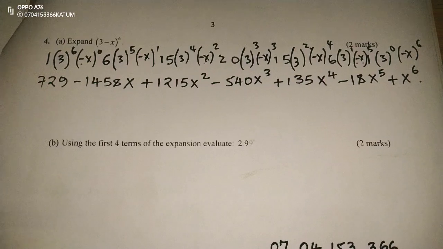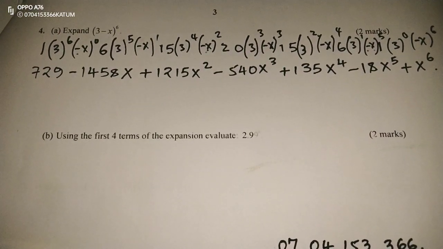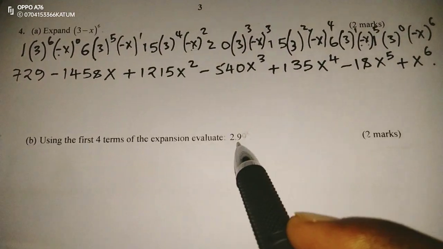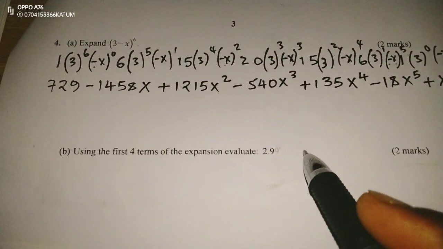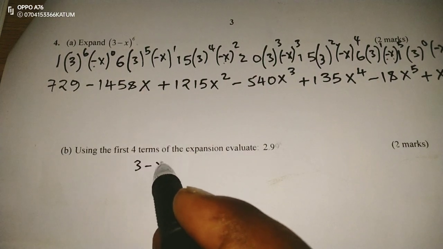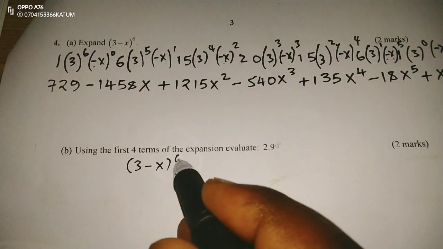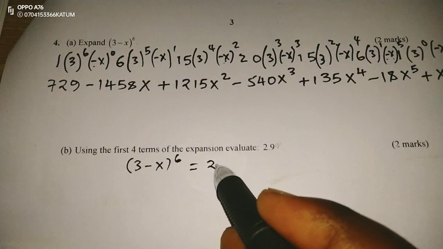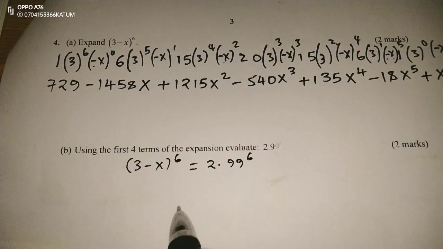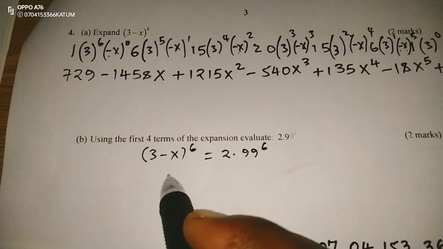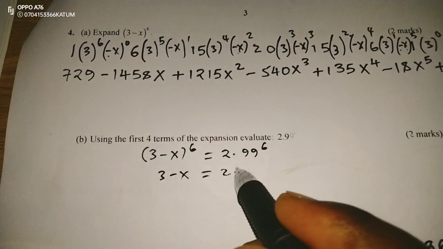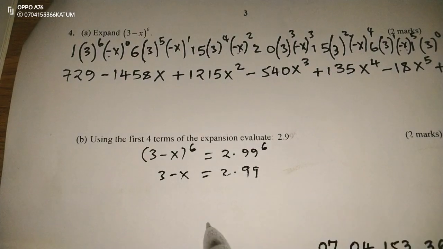The next is using the first 4 terms of the expansion, evaluate 2.99 raised to 6. Therefore, we just equate the expansion (3 minus x) raised to 6 to 2.99 raised to 6. Because the powers are the same, now we can equate the bases. So 3 minus x equals 2.99.